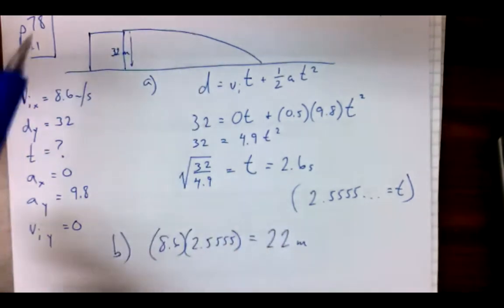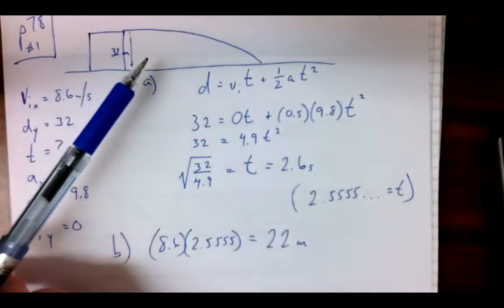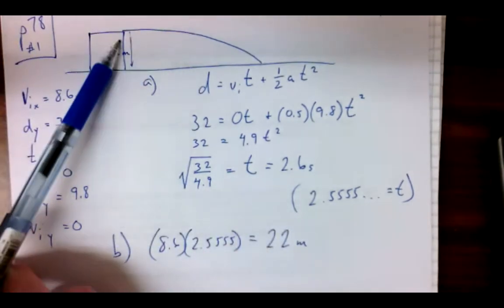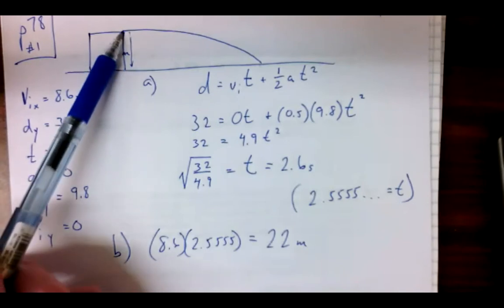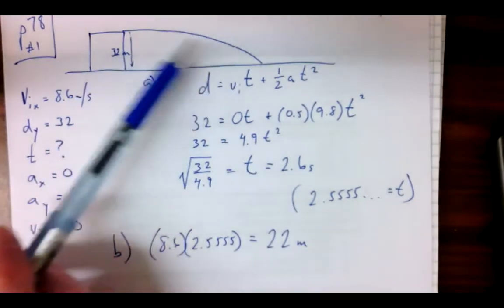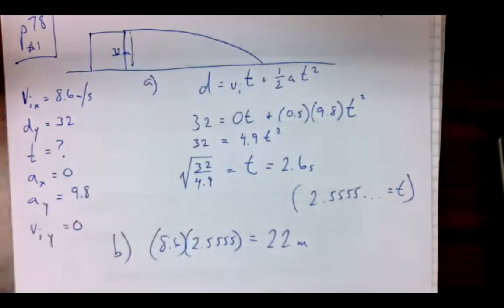So simultaneously, from this cliff or tall building, if you dropped a puck and shot a puck horizontally, they'll both hit the ground at the same time. Are we good to move on to the next question?